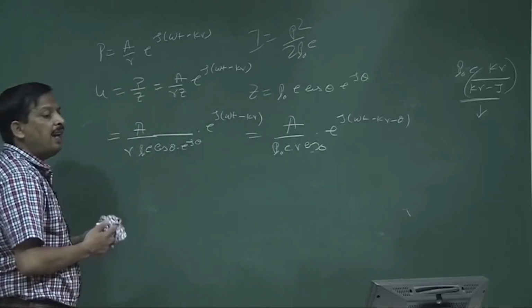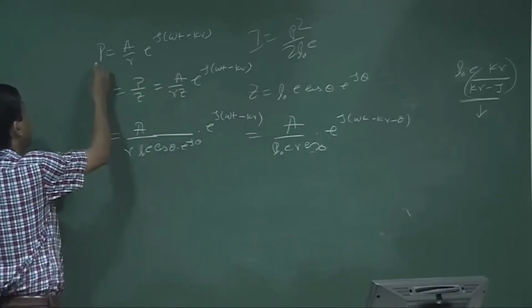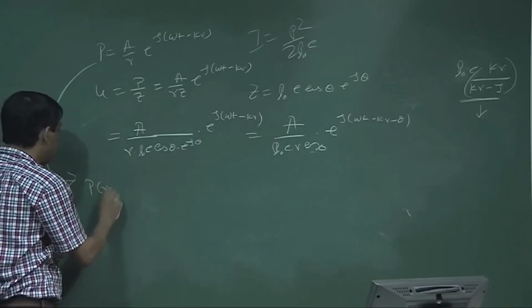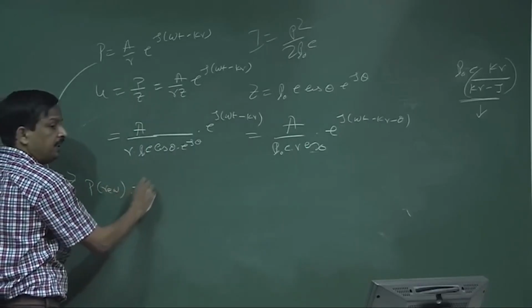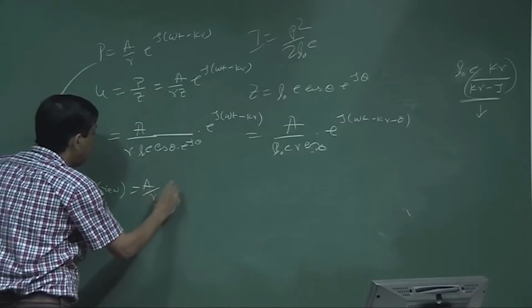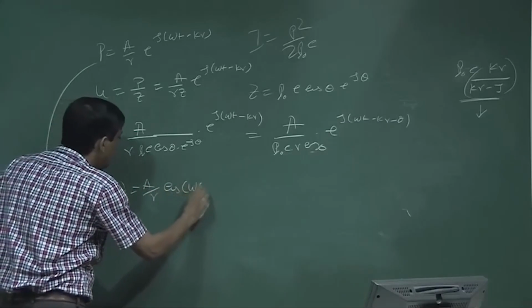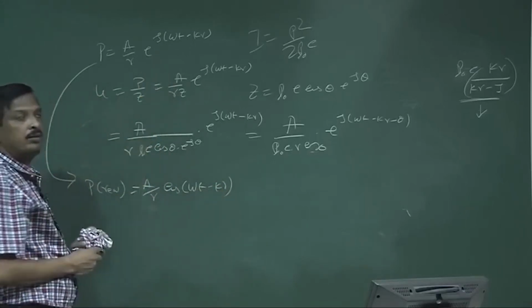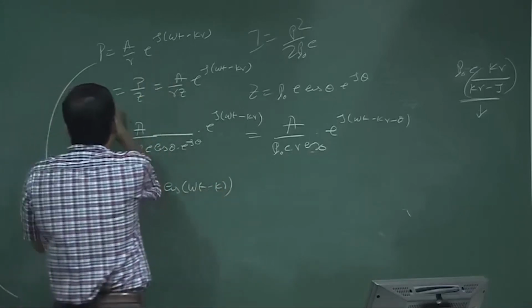So, what is the real part of p? The real part of p is nothing but A by r cos(omega t minus kr). Okay. Now, what is the real part of u?